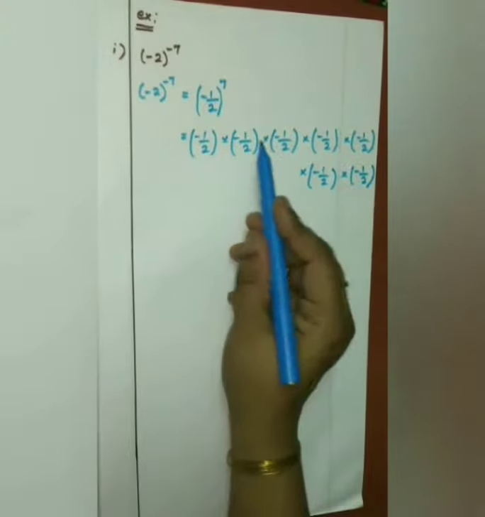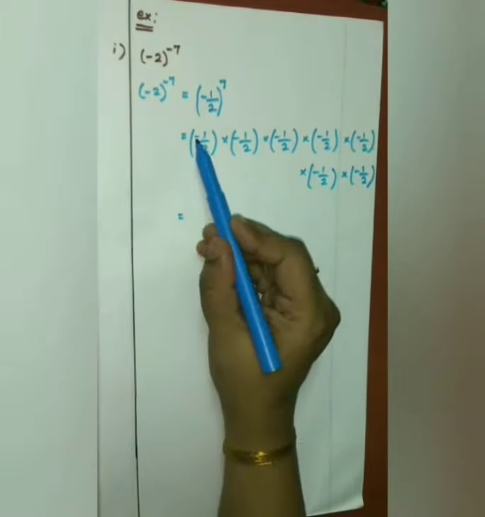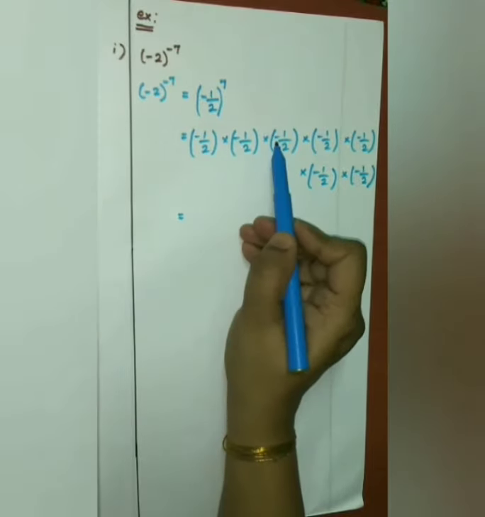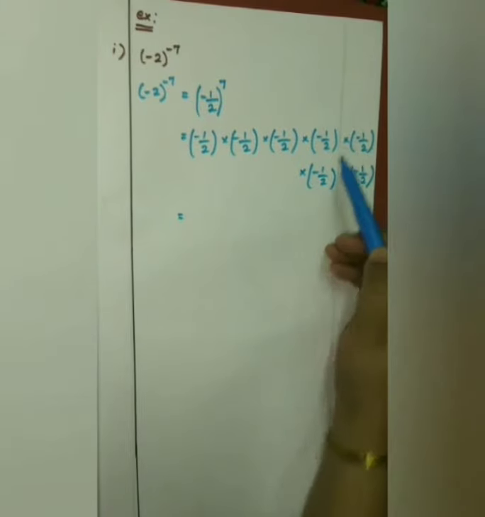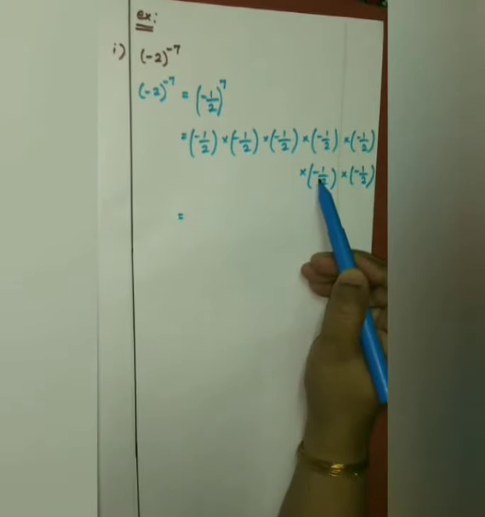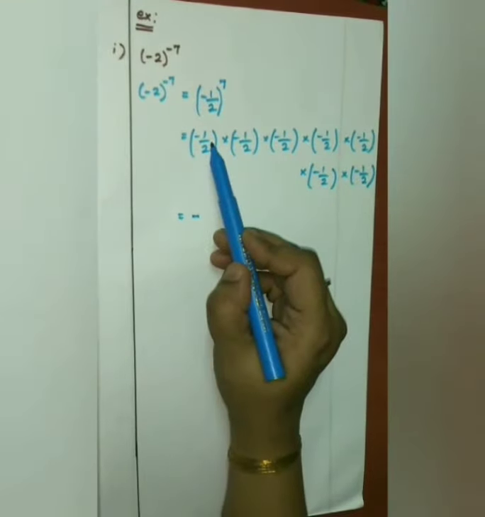First you multiply the signs. Minus into minus, plus; plus into minus, minus; minus into minus, plus; plus into minus, minus; minus into minus, plus; plus into minus, minus. Now you multiply all the numerators.